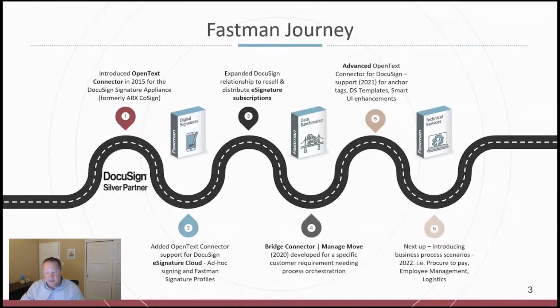Moving along on the journey here, the Fastman Bridge connector was introduced in 2020 as an outcome from a customer engagement that required process orchestration driven from a dashboard. They wanted integration because in the process they needed to use the permissions manager from Fastman along with the bulk data manager solution that we had for updating metadata on documents in Content Suite.